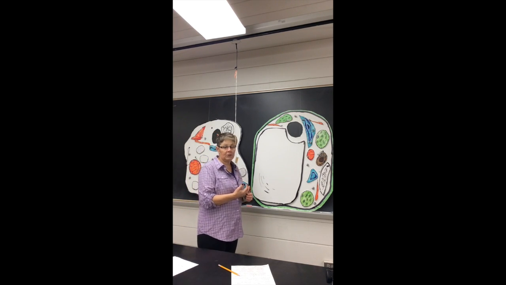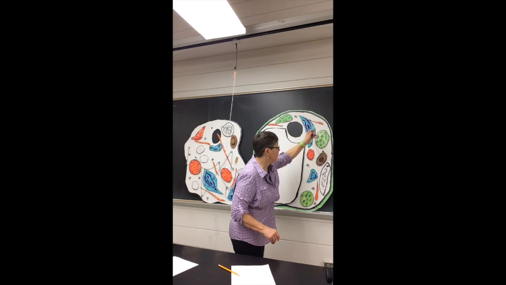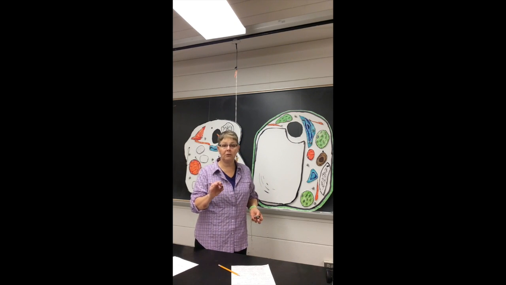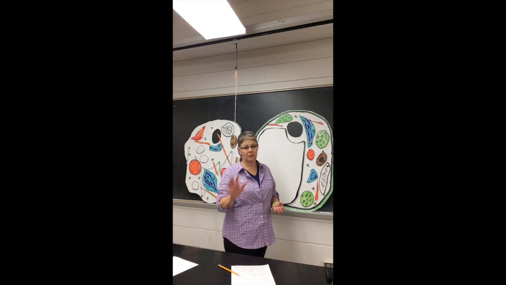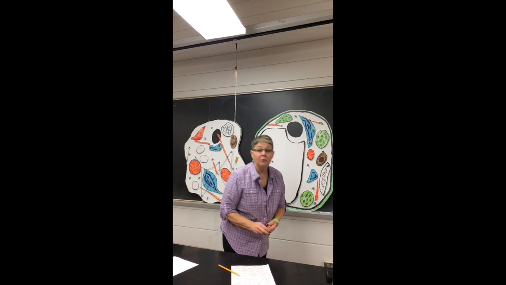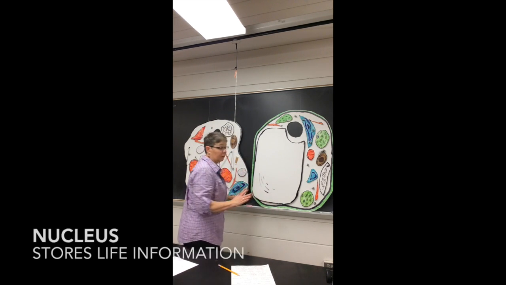All right, I'm going to go through the organelles, and I'm going to give you basically a two-word function for the organelles. Now, when you read your book, it talks about lots of different things they do, but I want you to remember the two functions, all right?